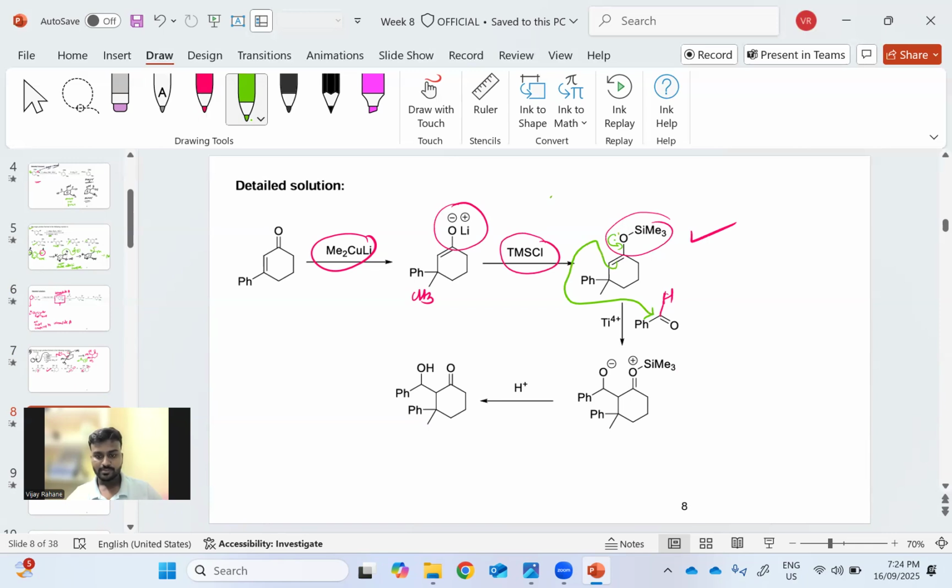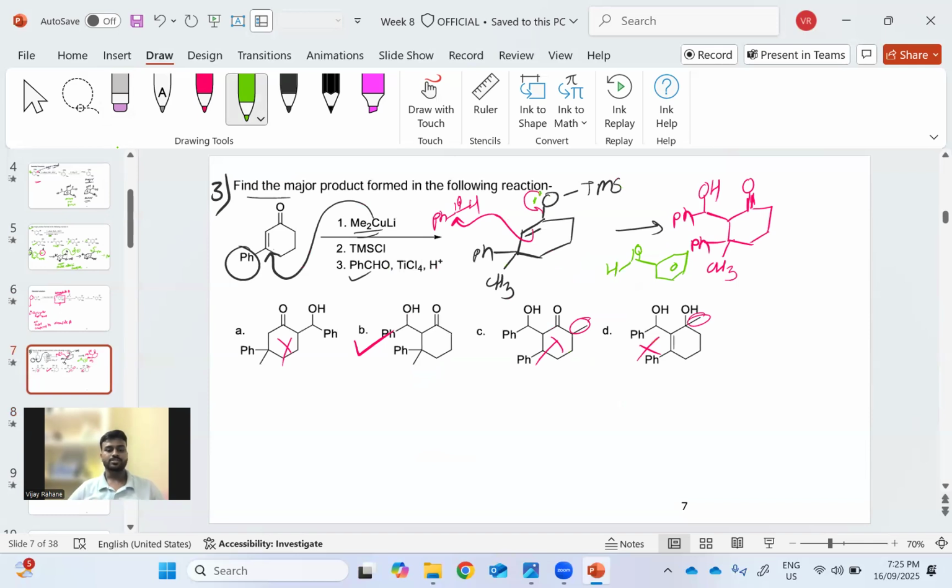So this is the part of this benzaldehyde, right? And then upon workup, it gets converted into alcohol after the proton, and this OTMS will be cleaved upon workup hydrolysis. So this is the product. So option B is the correct option here.